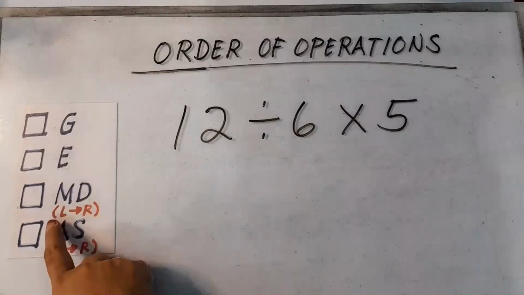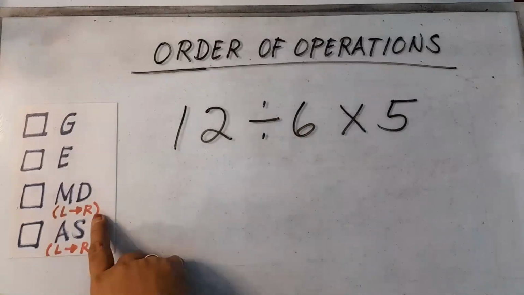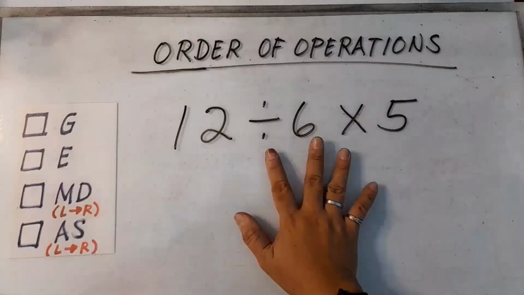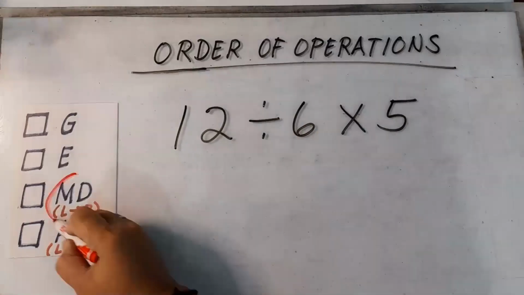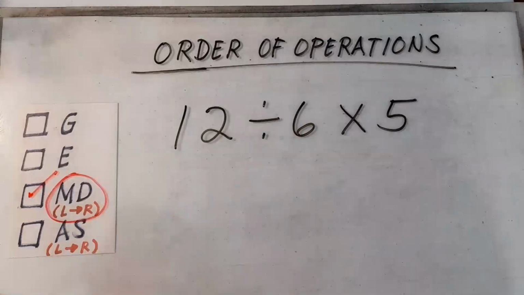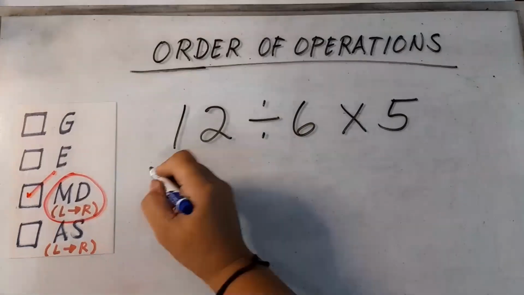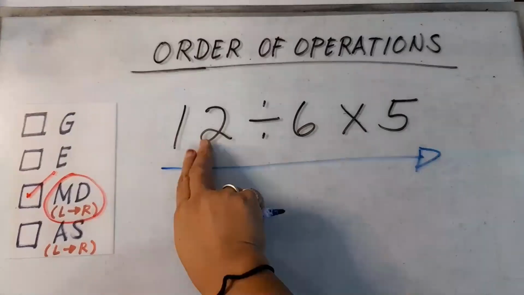Mind you people, we perform multiplication or division from left going to the right. So, dito, dahil ang operations lang naman natin ay multiplication and division, we perform the operation from left to right. So, gagawin natin yan mula kaliwa pa kanan.